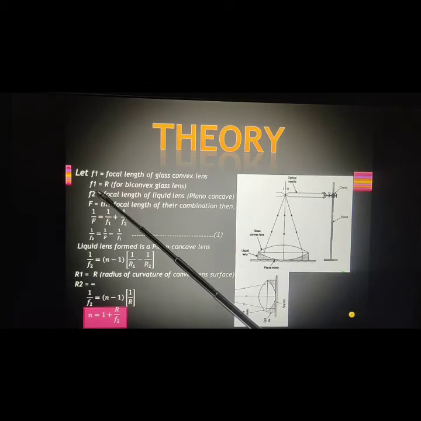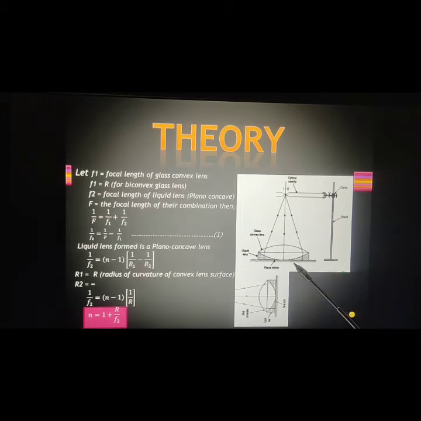So after we determine f1, we need to add water on this mirror. We are going to see all this in the procedure. So we will add water on the mirror here and then place the lens on the mirror. When we place the lens on the mirror, we get a plano-concave water lens.